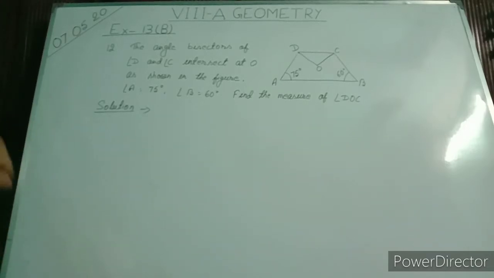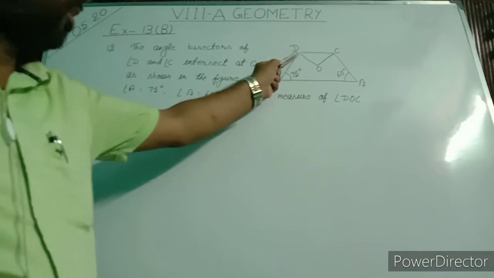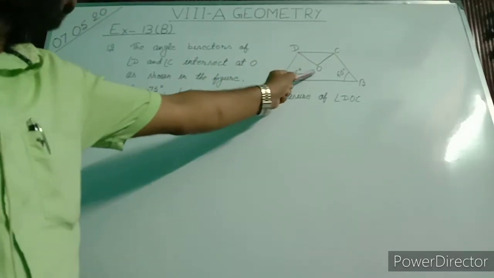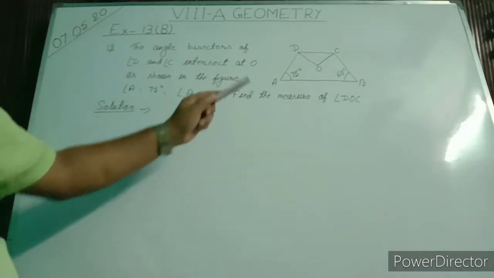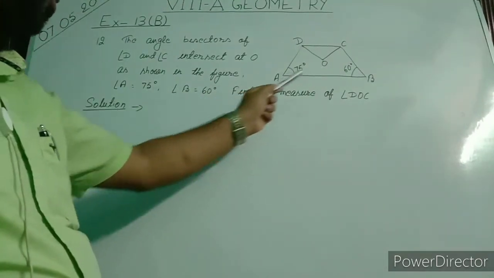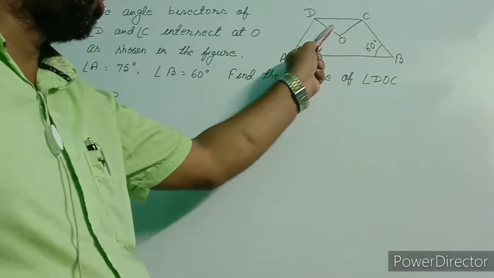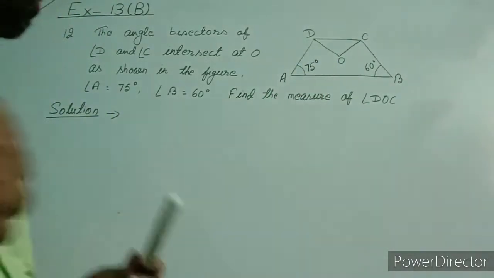In this question number 12, the angle bisectors of angle D and C intersect at O as shown in the figure. Angle A equal to 75 degree, angle B equal to 60 degree. Find the measure of angle DOC. This angle is asked to find, angle DOC.